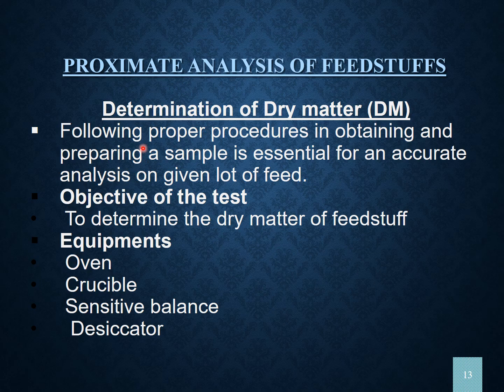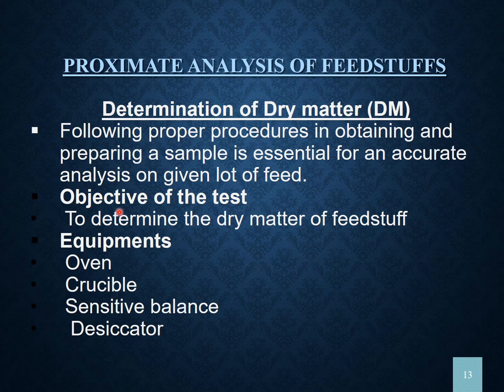Before we start the determination, you need to remember to follow the proper procedures in obtaining and preparing a sample, as I told you. That's essential for an accurate analysis on a given lot of feed. Okay, the objective of the test is to determine the dry matter of feedstuff.